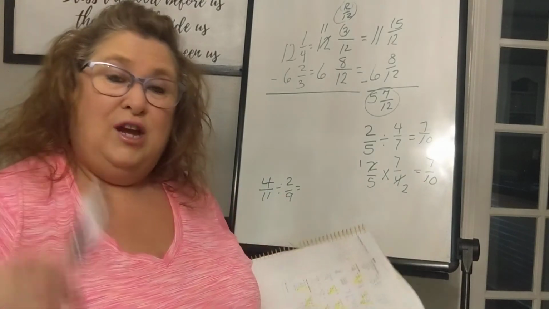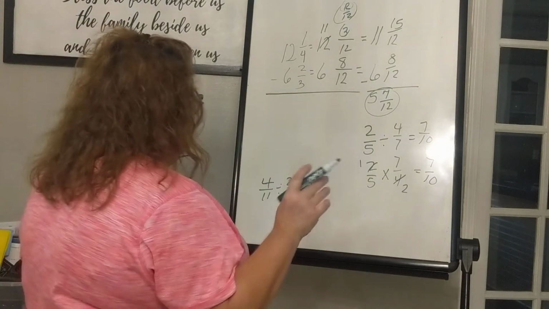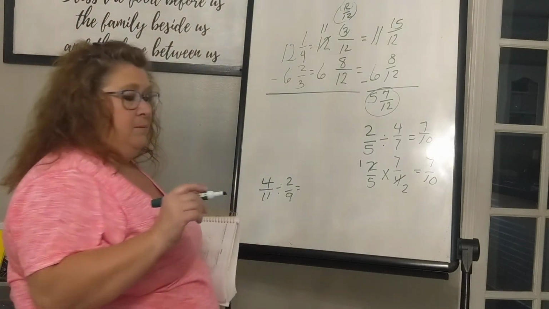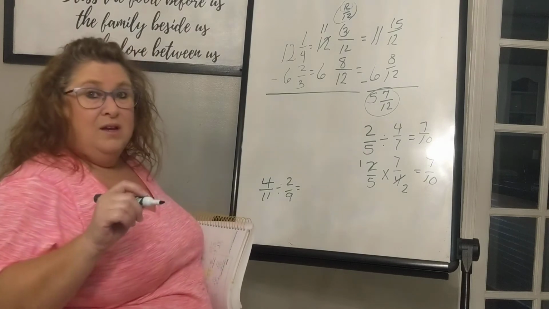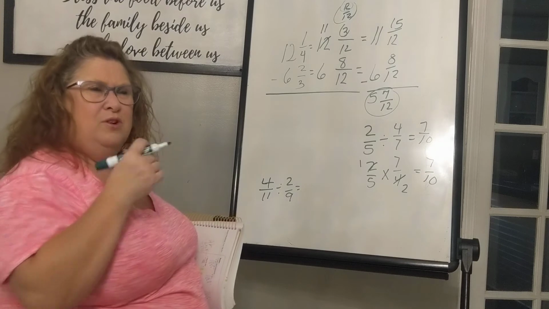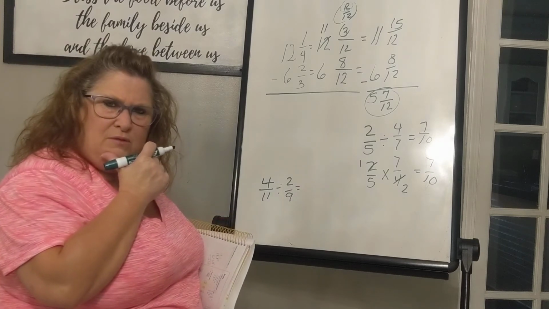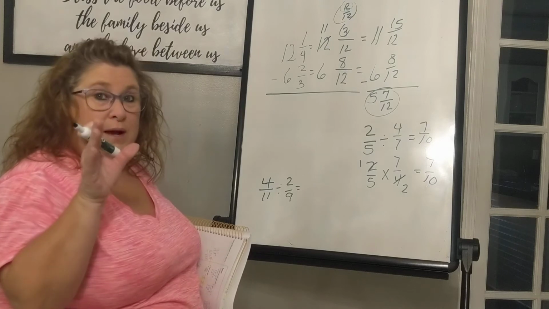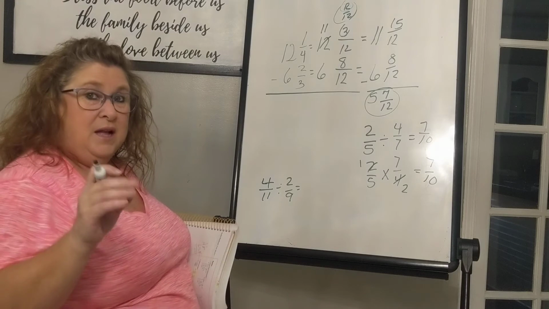You just have to change the sign to multiply and flip your second fraction. There's really no reason to be missing this if you're thinking about what you're doing, because we've been doing it a lot. It's change the sign and flip.